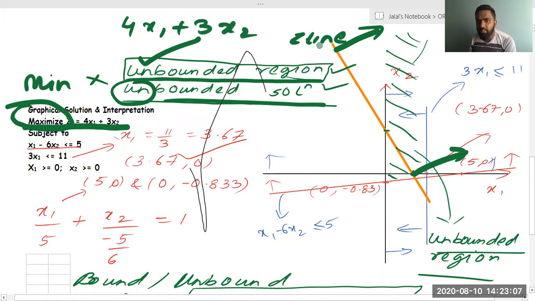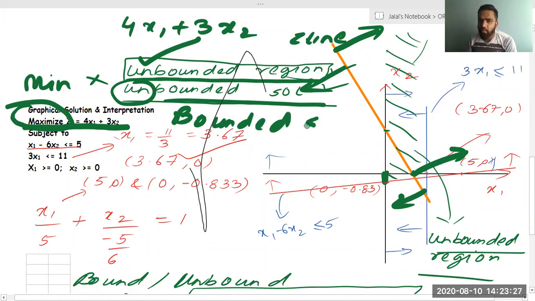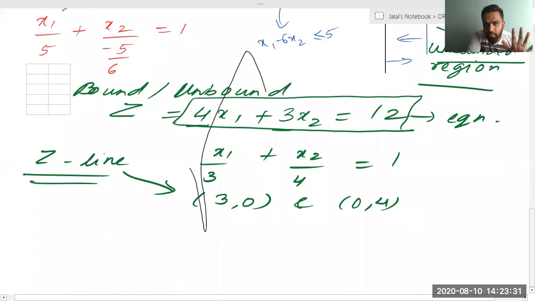Now this same line would have tried to come towards the origin. Which is the least point, the minimum that you can get? The least minimum that you can get is somewhere around here. Such kinds of solutions are called bounded solutions. So I wanted to tell you two things about unboundedness.